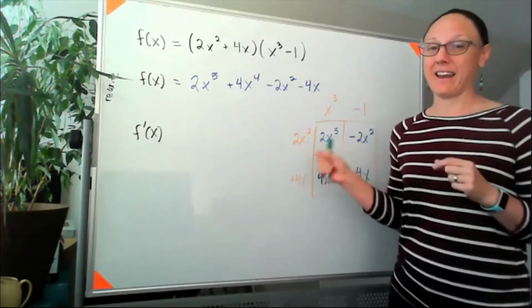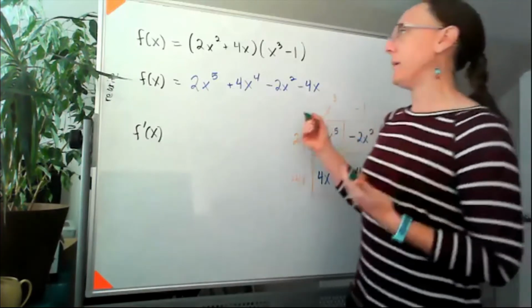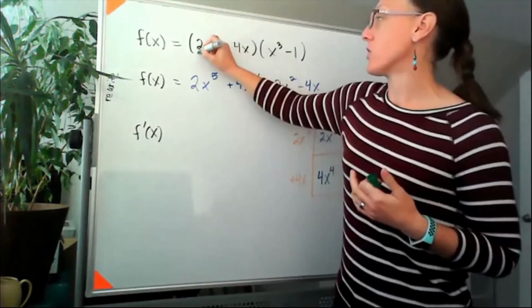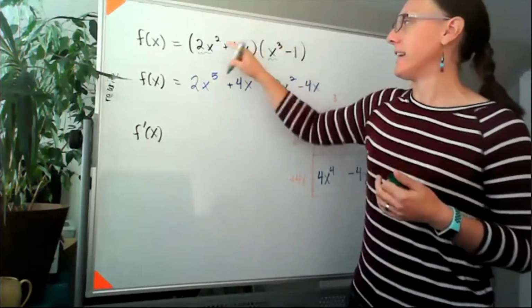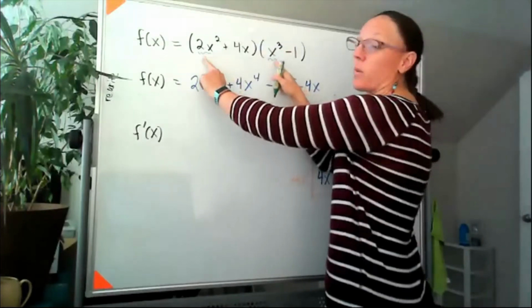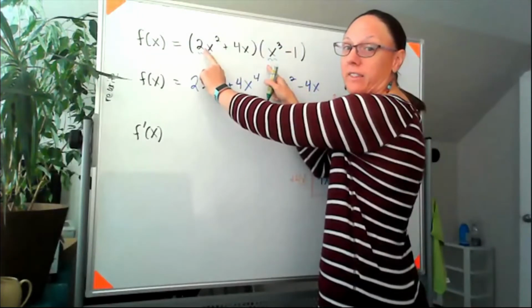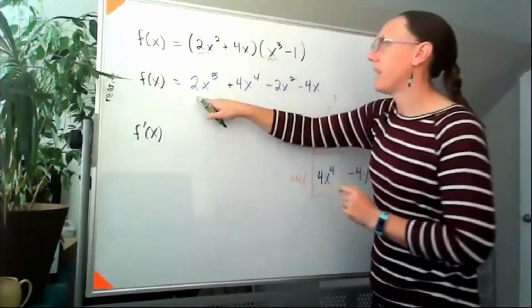But technically the acronym FOIL, first, outer, inner, last, means multiply the first term in each of the pieces together. When I multiply these two together, that's where I got the 2x to the 5th.